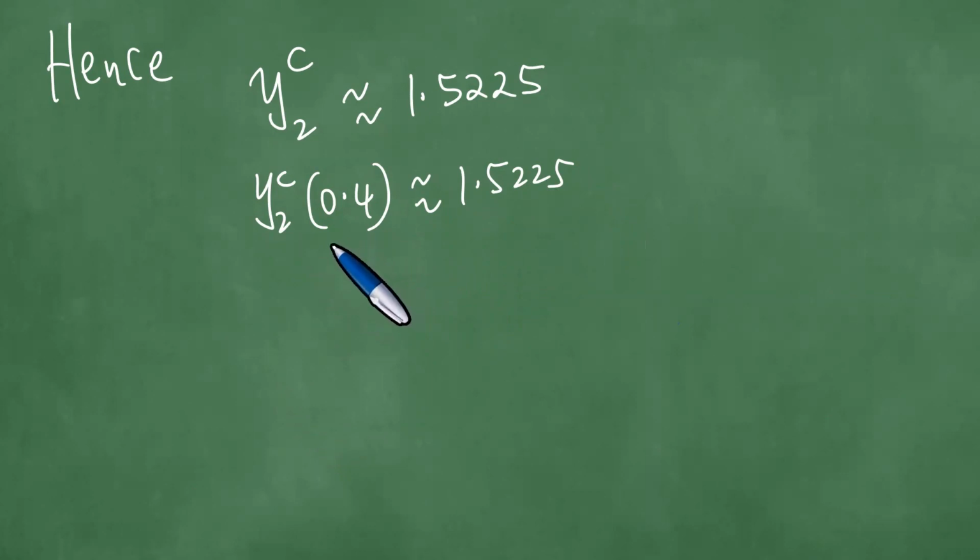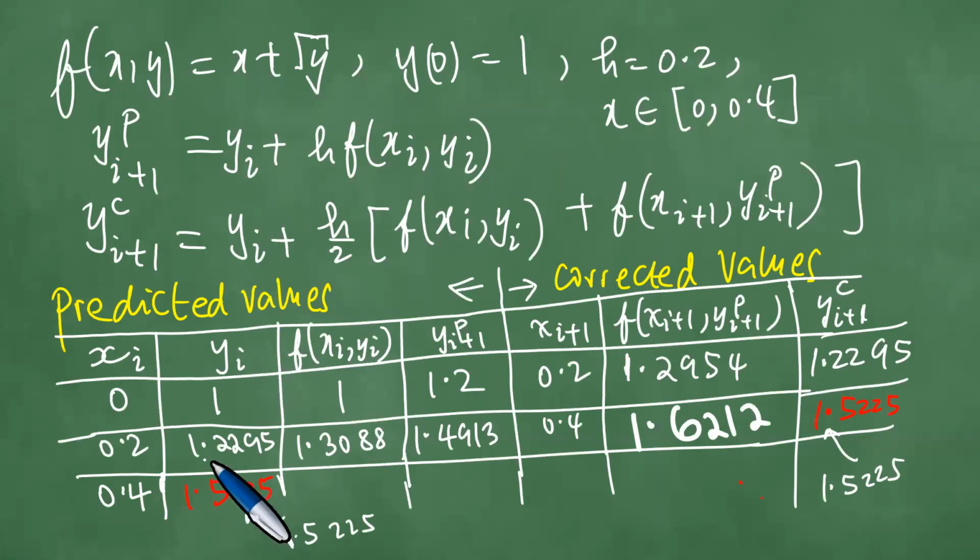Okay, it's not quite of interest here, but okay, I want to say this. We can make two observations. What is y at 0.2? Y at 0.2 is 1.2295.